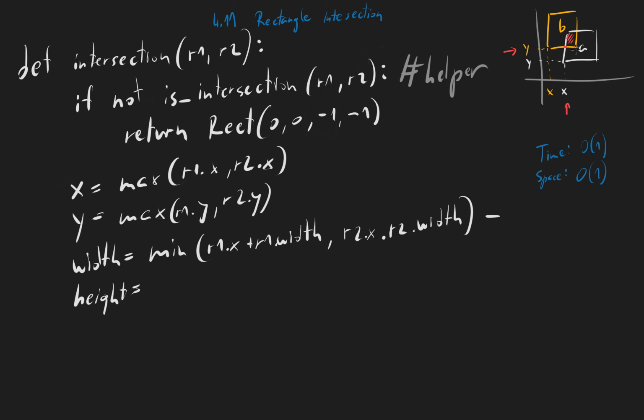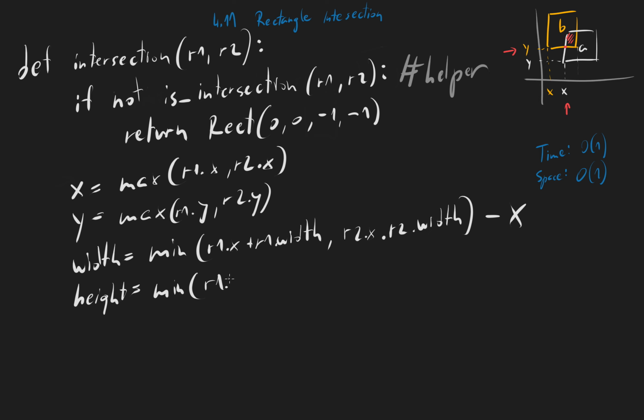See here, we get this guy, and then we need to reduce it by the max of those two guys here, right? Which we already have here, max between those two axes. Okay, and for the height, it's basically the same, just we flip x and y and width with height.